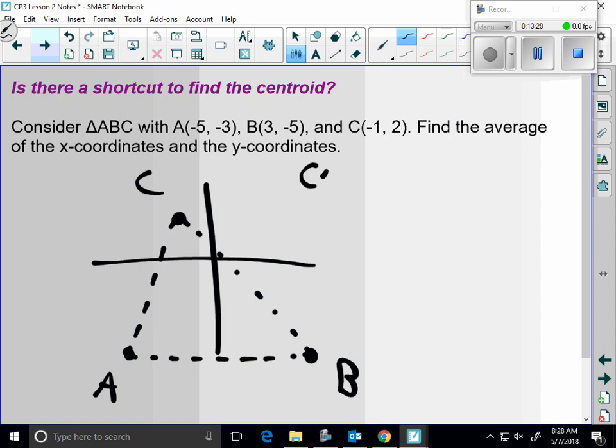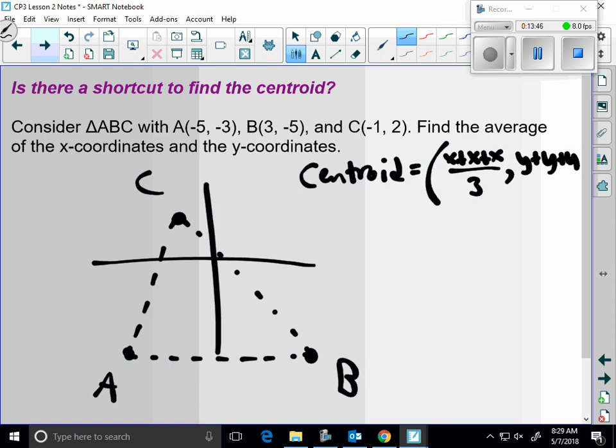The centroid, the point, is going to be the average of the x's, comma, the average of the y's. So let's do some math. What are my 3 x's?